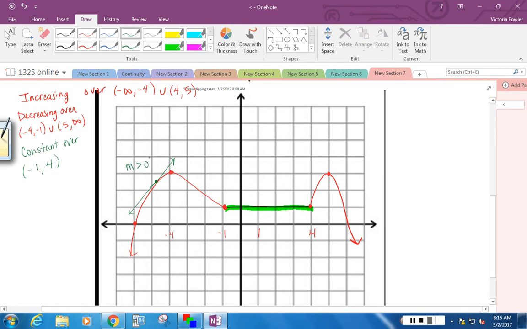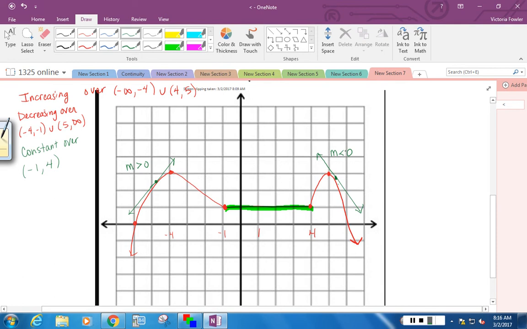And perhaps I go to this other side, or I could even go right here. These look very similar. I just want to give myself some more space. And let's say I draw a line tangent to the curve at this point. And now I see that this line would have a negative slope.